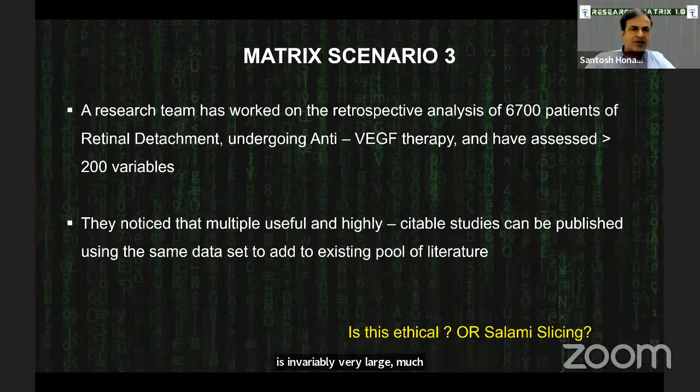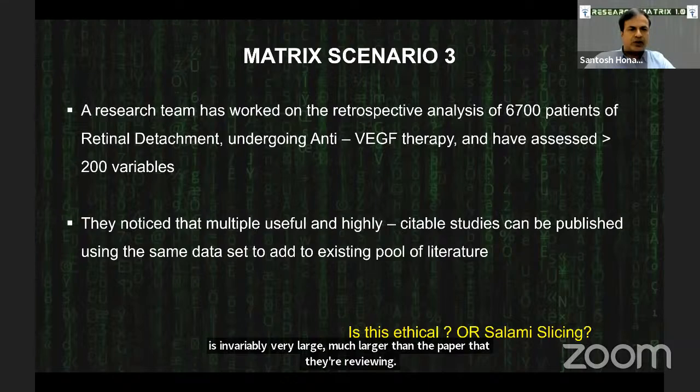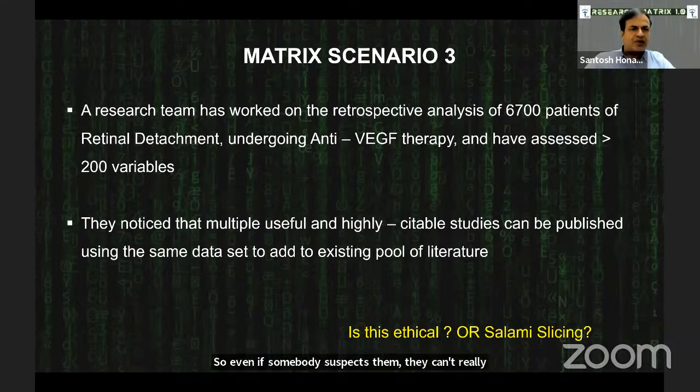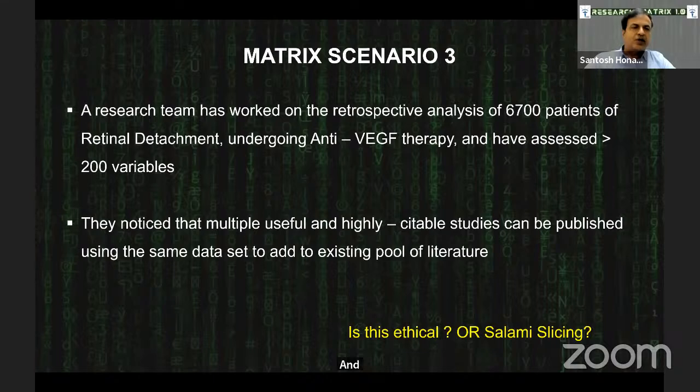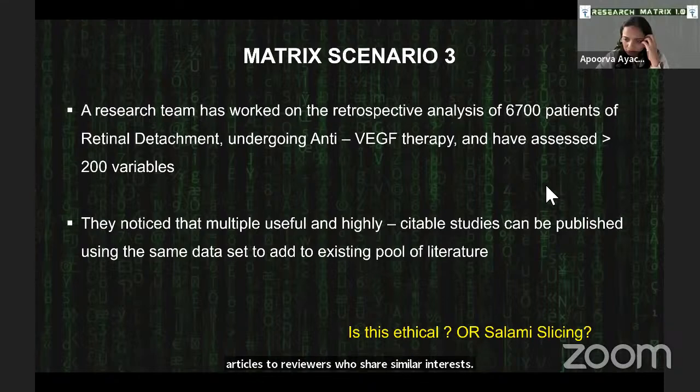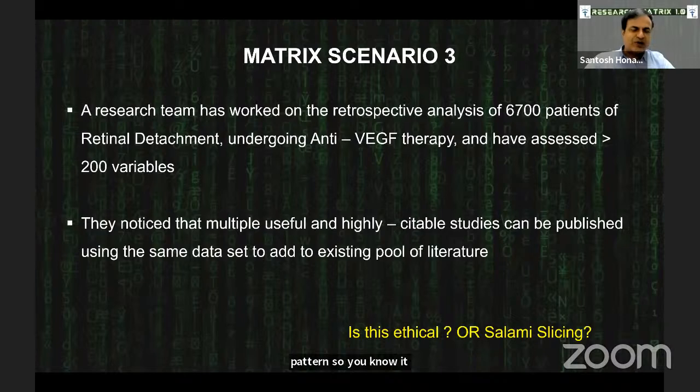So even if somebody suspects them, they can't really prove it. They would always get under the umbrella that we started this project much earlier. And it's the standard practice of a journal to send articles to reviewers who share similar interest or research pattern. So it can easily be hidden. It's absolutely unethical, but well, it happens.